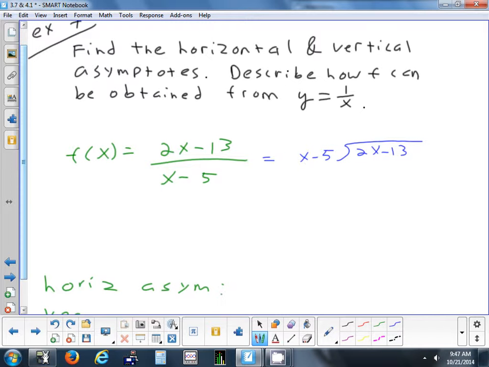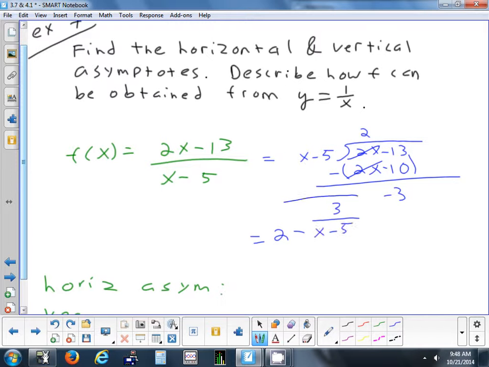So x goes into 2x, we get a 2, multiply it back out, 2x minus 10. Subtract. Those cancel. -13 plus 10. Okay, it's minus a minus, so we get -3, and that's my remainder. These generally just have one step. So we can rewrite this as 2 minus 3 over my denominator.